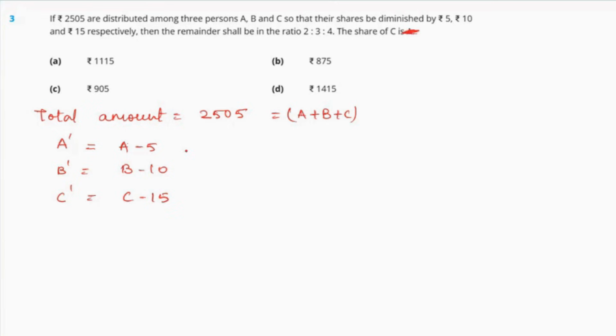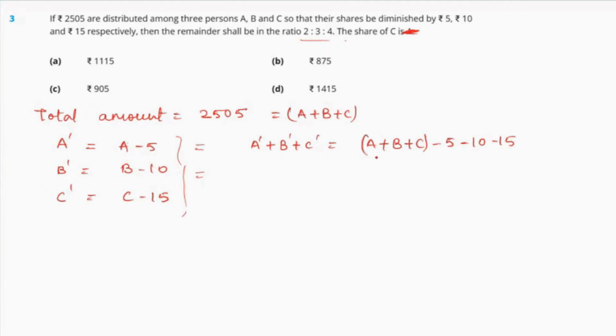And after that, their remainder shall be in the ratio. Whatever remainder we get is in the ratio 2:3:4. To solve this, if we add all of these together, we get A plus B plus C minus 5 minus 10 minus 15.